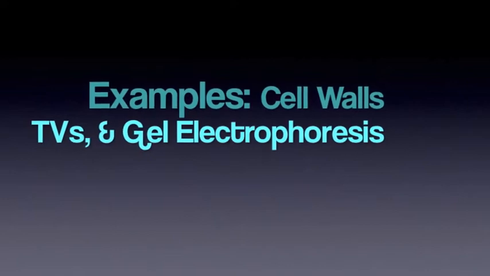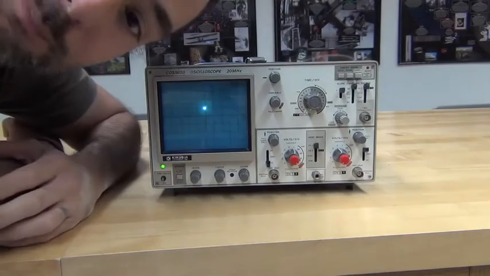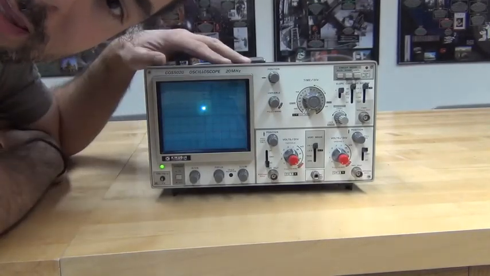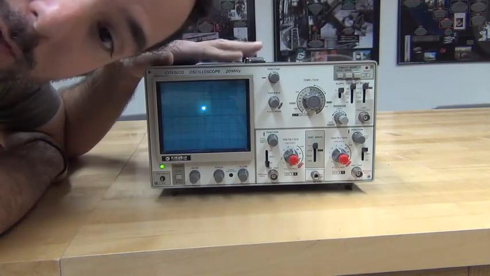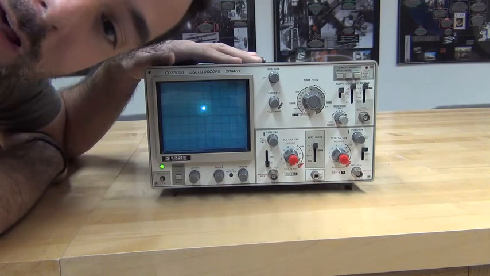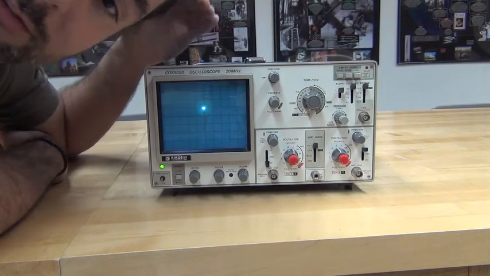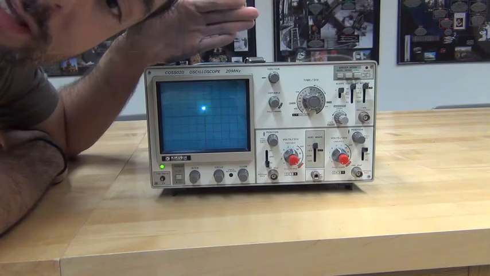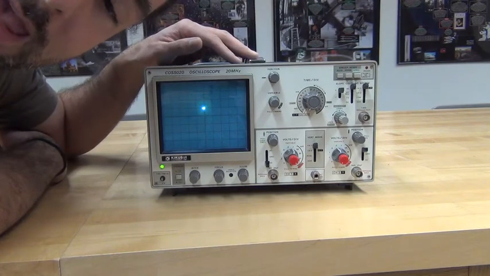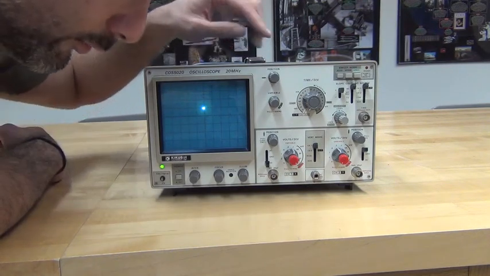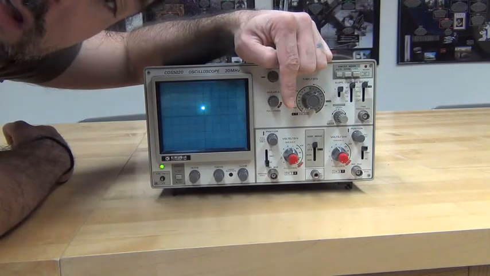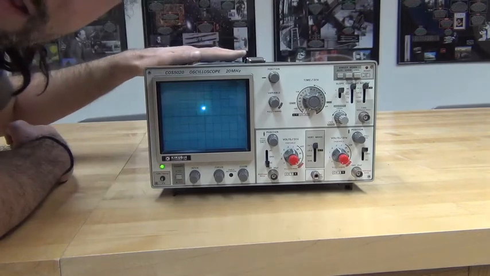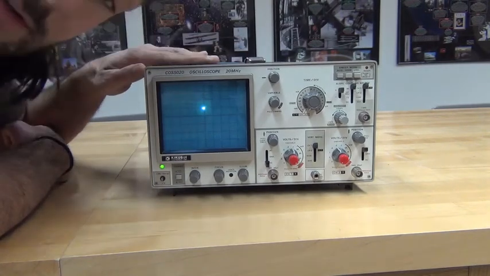What I have here is an old school oscilloscope, which is what you use to measure voltages in circuits and different electronic pieces of equipment. And the way it works is you plug in some voltage and it will fire an electron towards the screen over here.